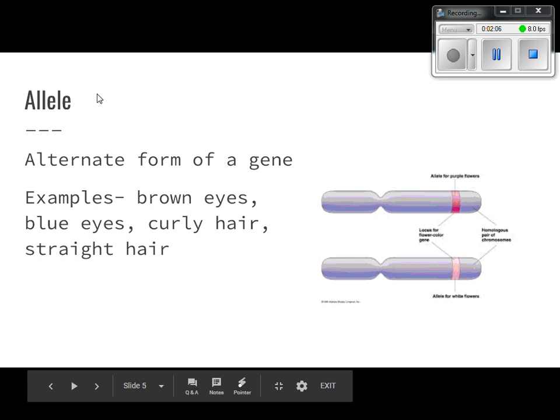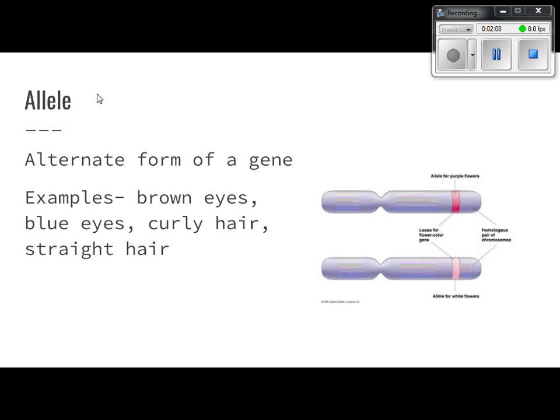An allele is an alternate or a different form of a gene. So the gene that we're talking about, for example, might be hair color or eye color. There are different forms of that gene that tell you you should have blue eyes or brown eyes or green eyes. Those different forms of that gene would all be called alleles.